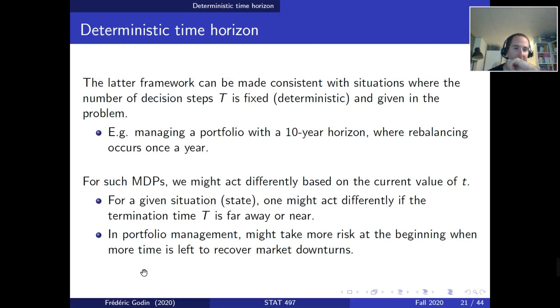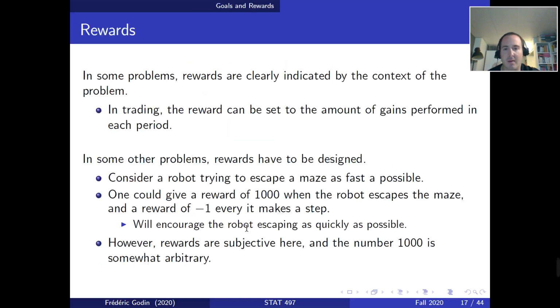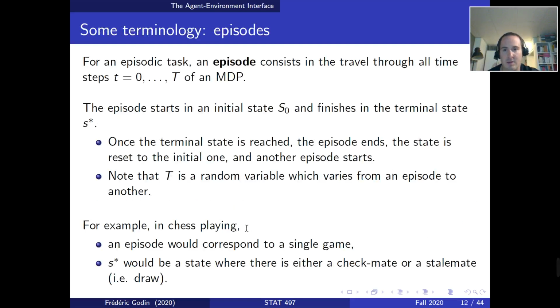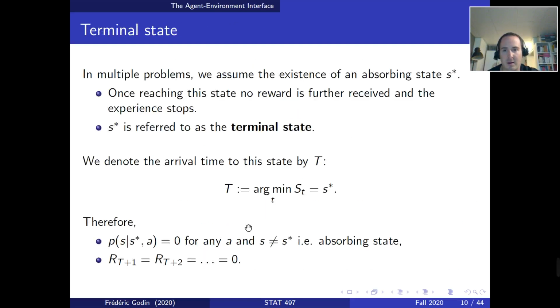So now, in what we did previously, the termination date of the experience was the first time step you reached some absorbing state. Let's go back a few slides to see how we defined capital T. We called it the arrival time.